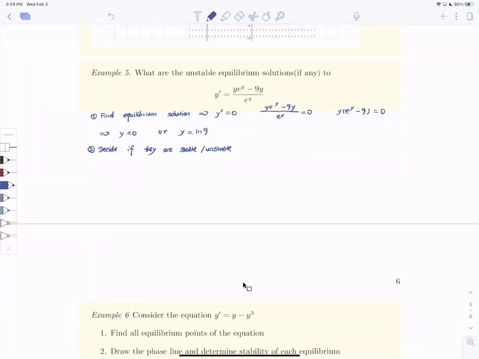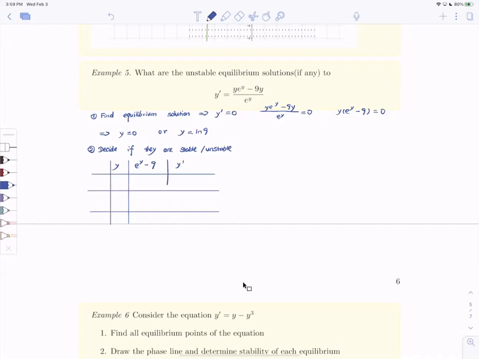Y, and now here is e to the y minus 9 and the y prime. I want to see if they're going up or down. It's like your 135 chart. Remember when you draw the graph in 135, you need to draw a chart, a table as well.